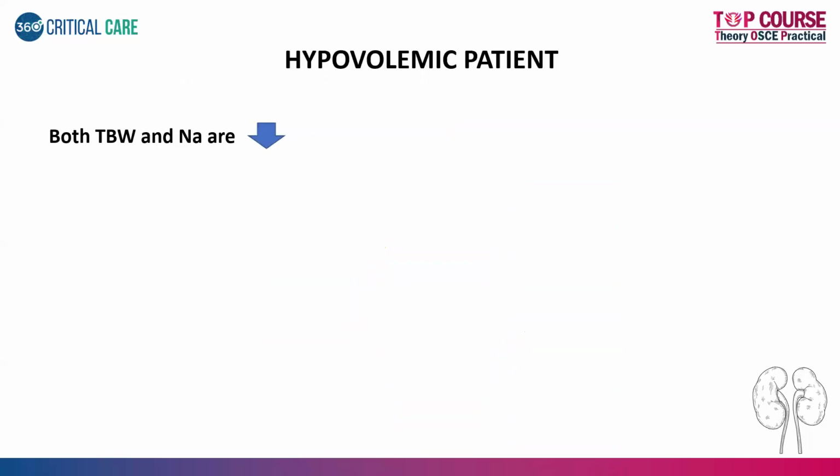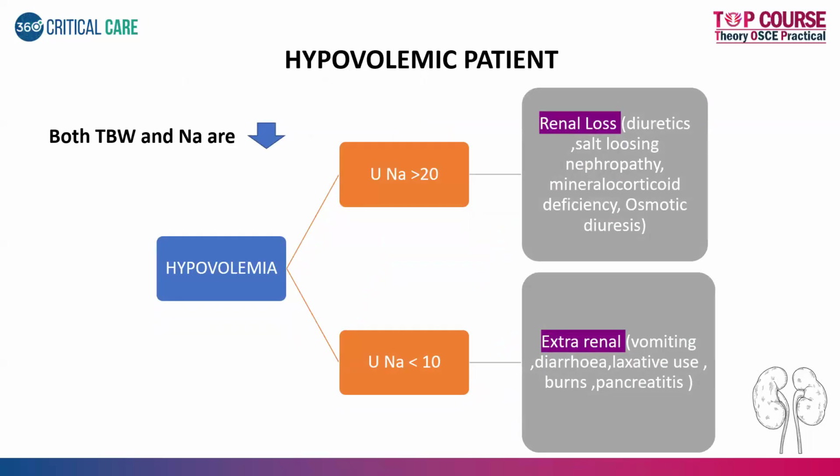Coming to the hypovolemic patient, where both the total body water and sodium are low. In these cases, again, we have to take into consideration both the urinary sodium and the volume status. So if the urinary sodium is more than 20, as I've told you earlier, it is a renal cause. What are the renal causes that are usually associated with hypovolemic patients?